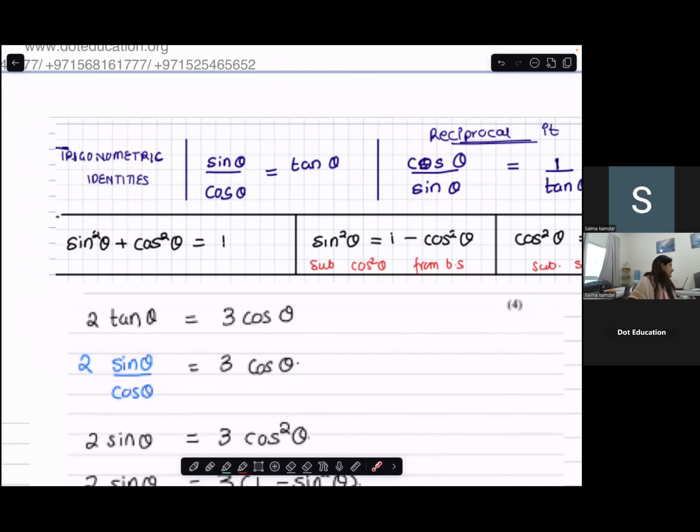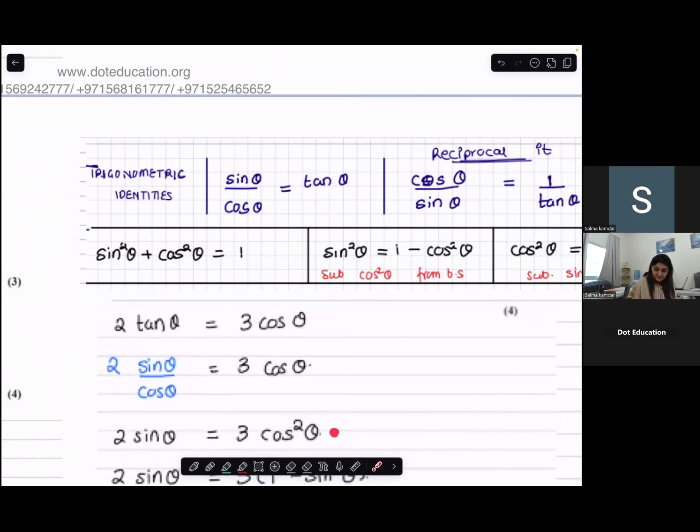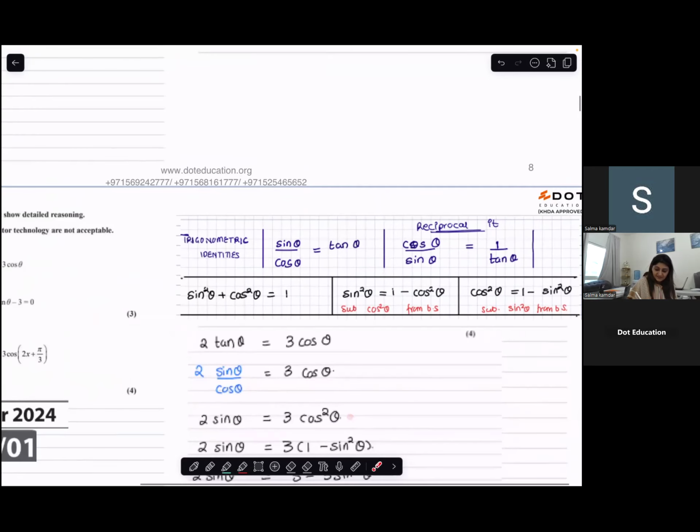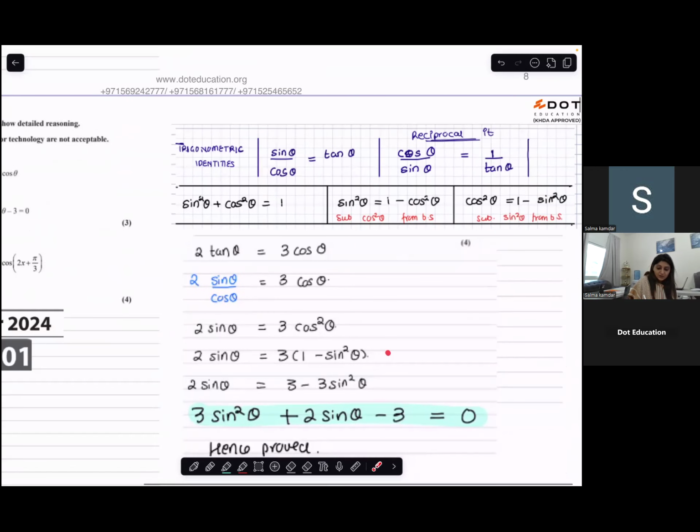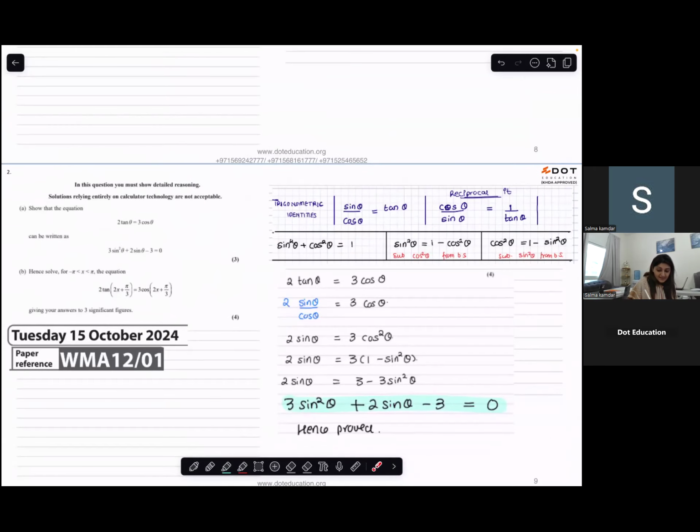My main answer requires everything in sine. So cos square theta can be written as 1 minus sine square theta, and I start opening my brackets. I will start getting everything which looks as the way I want. I'm giving you time, please do it.